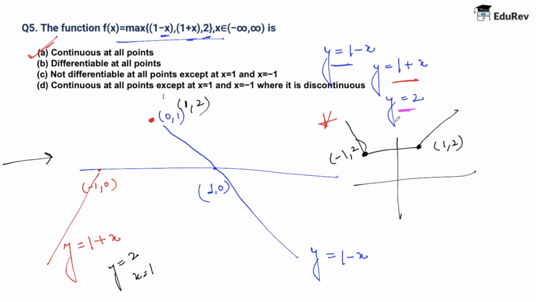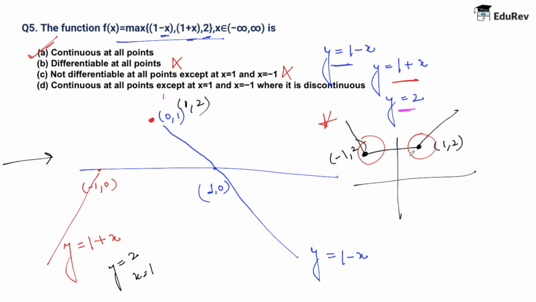We know that this is false because it's non-differentiable at 2 points, that is (-1, 2) and (1, 2). Next is that it's non-differentiable at all points except for this. This is false. Why? Because it's actually differentiable at all the points except the 2 points that are given. And the statement that is written is entirely different from what this graph depicts.